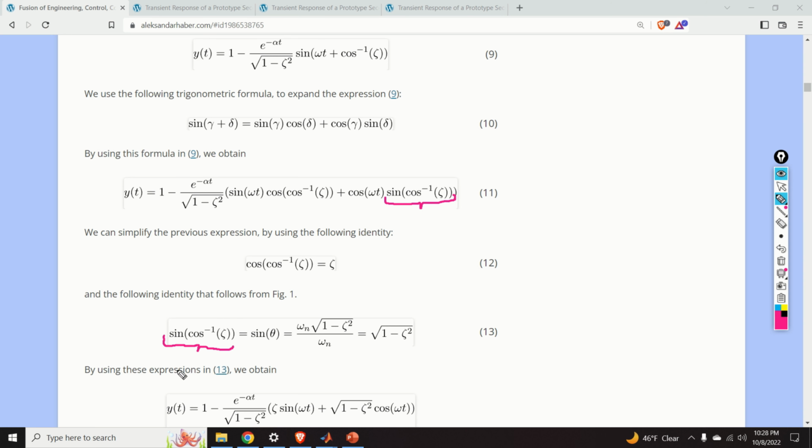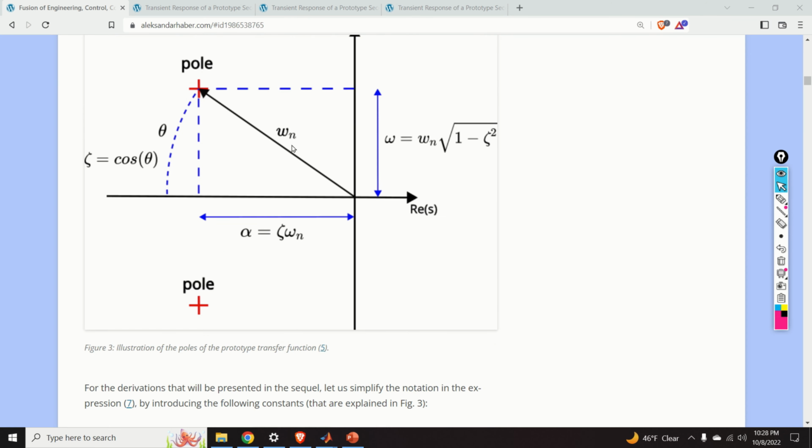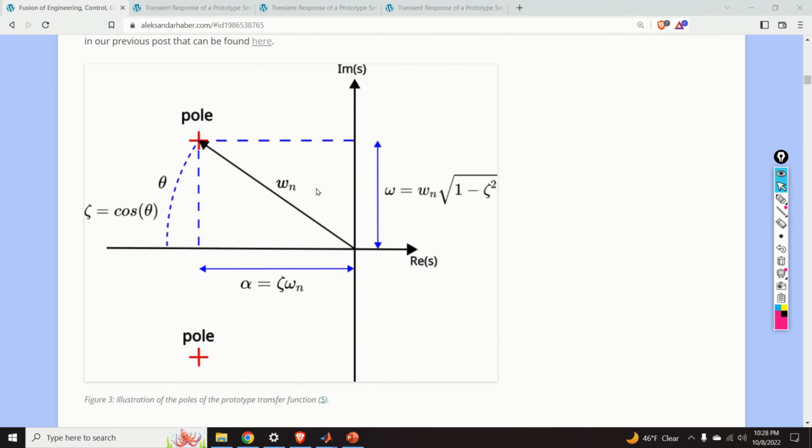In order to simplify this term, we need to go back and look into our graph that you can see over here. Now, inverse cosine of zeta is actually equal to theta. So we need to compute the sine of theta.